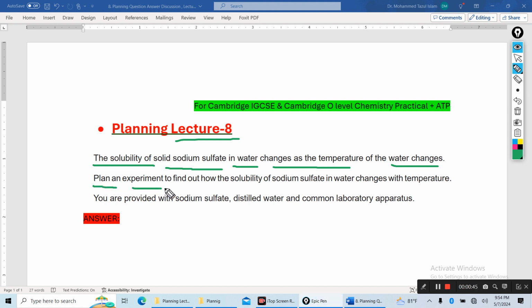Plan an experiment to find out how the solubility of sodium sulfate in water changes with temperature. You are provided with sodium sulfate, distilled water and common laboratory apparatus.